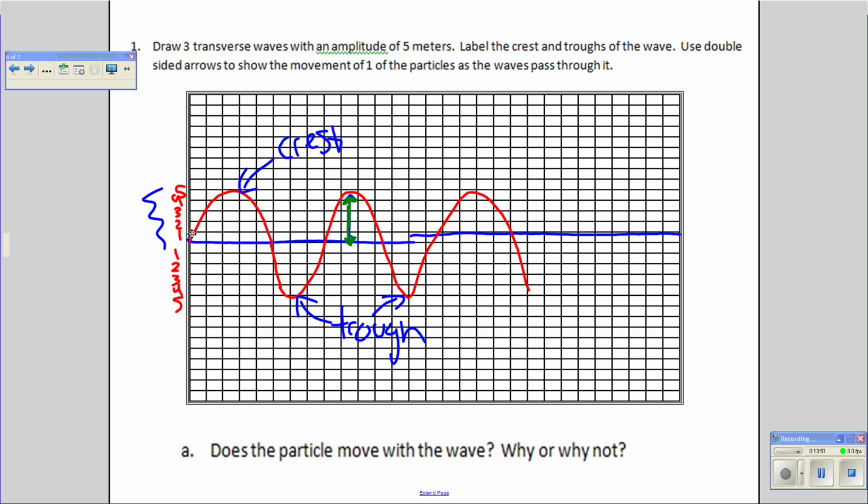Now, does the particle move with the wave? Why or why not?